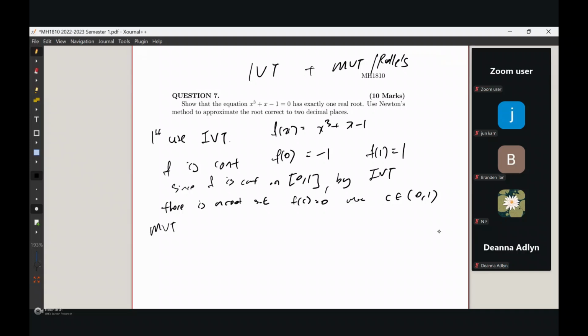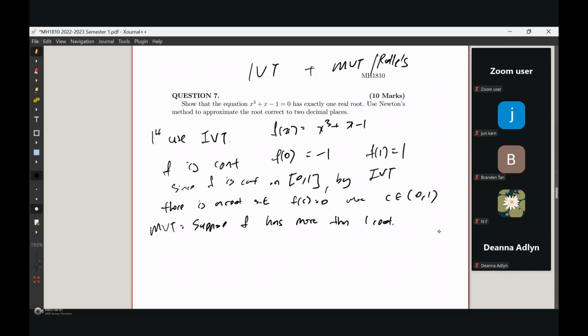For MVT, what you are typically going to do is suppose it has more than one root. Let's suppose f has more than one root, so 2 roots or 3 roots, more than 1.